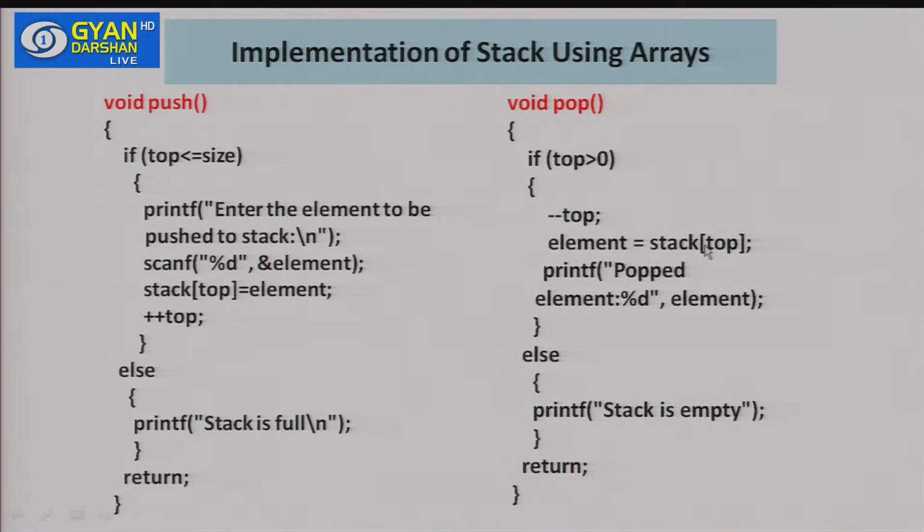In this case the top element will be stored in a variable, say element, and that will be printed, and top will be pointing to the second element from the top. So this is how we can write the definition of the push and pop functions for a stack if we are going to implement it through the array concept.